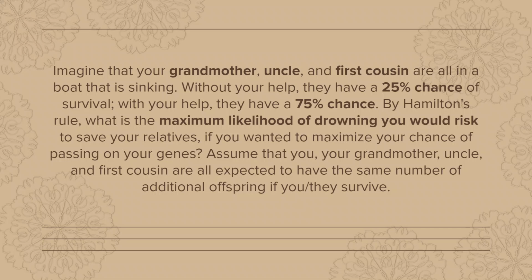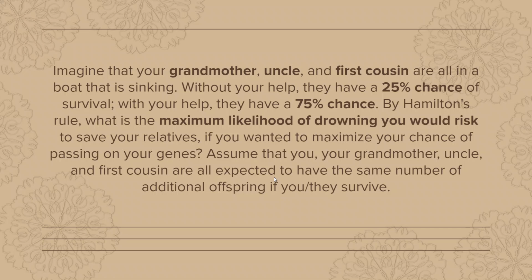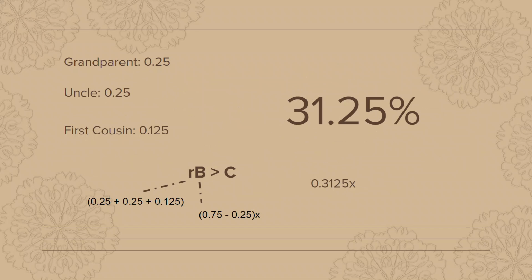However, because we have the assumption, as you see in the last sentence, that everyone is expected to have the same number of additional offspring, we can just entirely ignore that variable. As you see over here, it's represented by x, and we can just divide x from both sides, because they're just modifiers that are multiplied by our percentages.